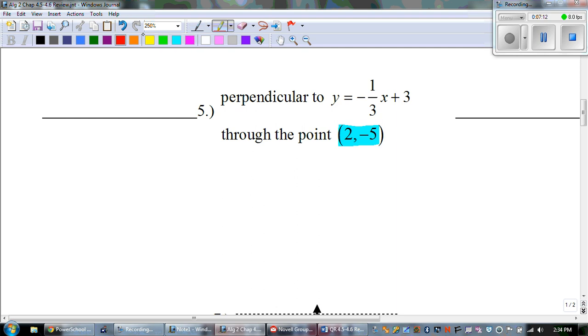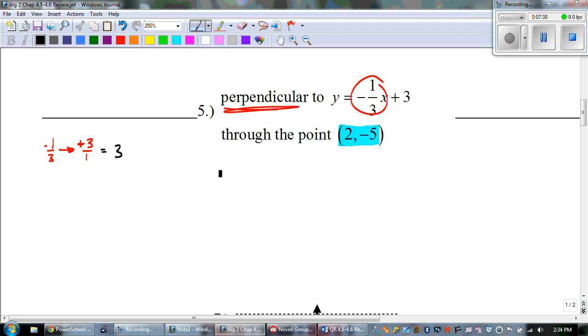Key word is I want it perpendicular to that slope. So if my slope is currently -1/3, perpendicular means opposite and reciprocal. So that's negative, now it's going to be positive. And then I flip the fraction. 3/1 is really 3.